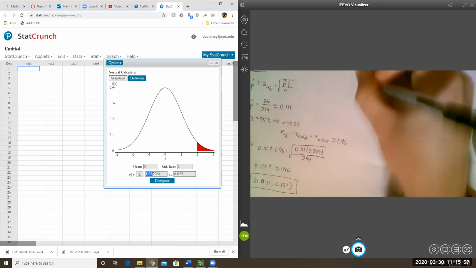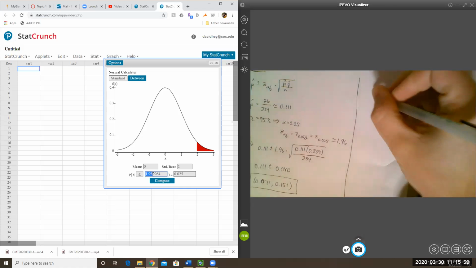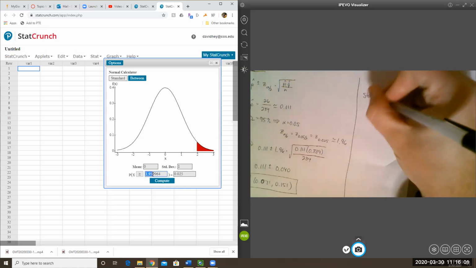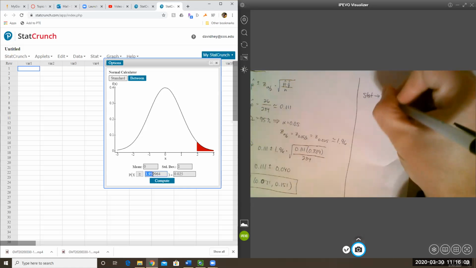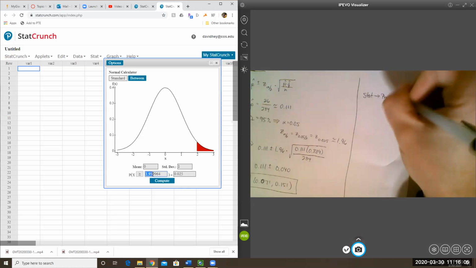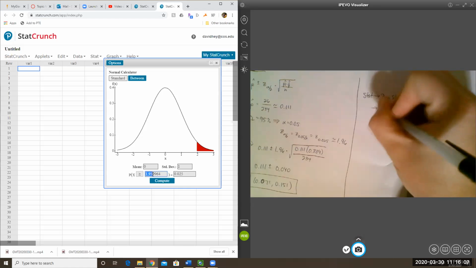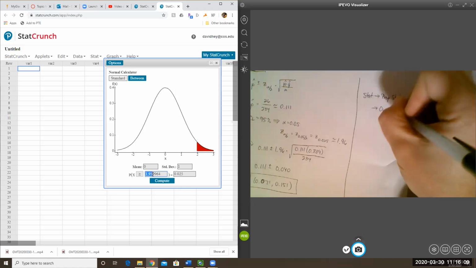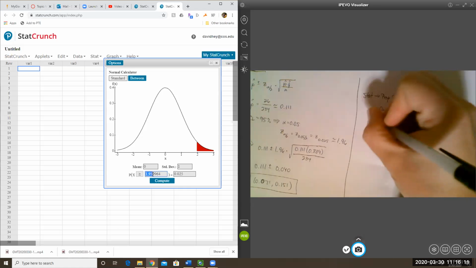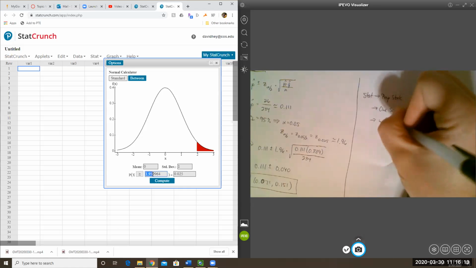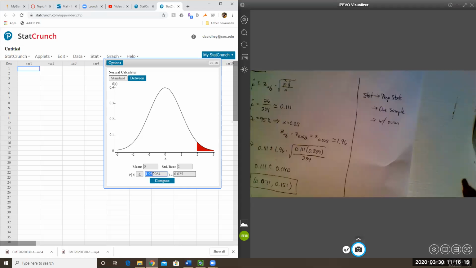To do this in StatCrunch, we're going to go to Stat, Proportion Stats, One Sample, with Summary. When we get there, we'll be prompted to enter something for the number of successes, something for the number of trials, and our confidence level.